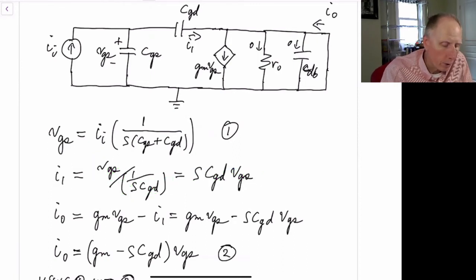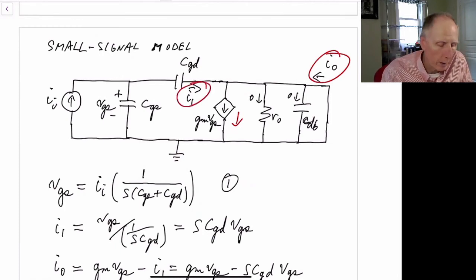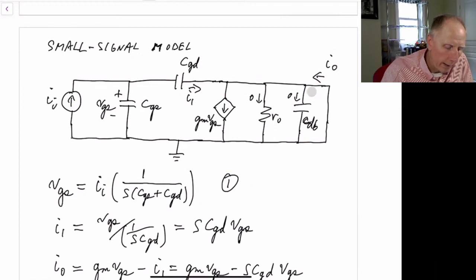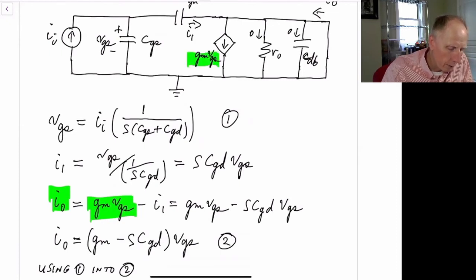That still doesn't give us the output current. We need the output current here. And finally, we can write that this output current here is equal to this current minus this current because of the direction of the arrows. So we have that I out is GM VGS, which is this current, minus I1. We already have I1 from here, so we can write the next equation.